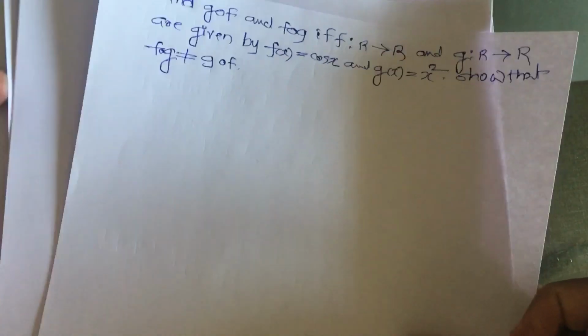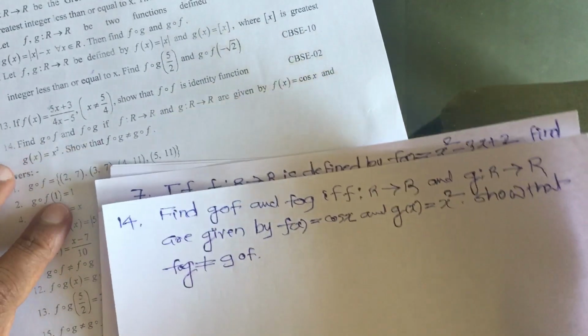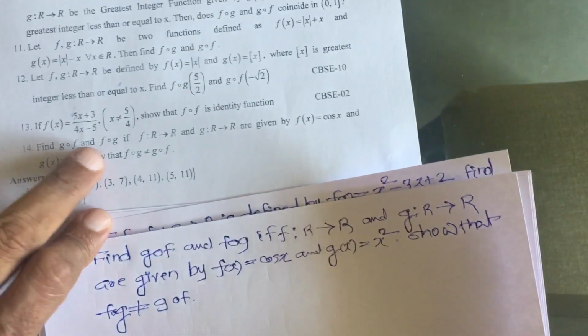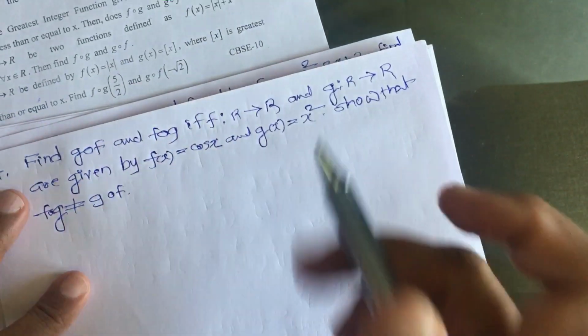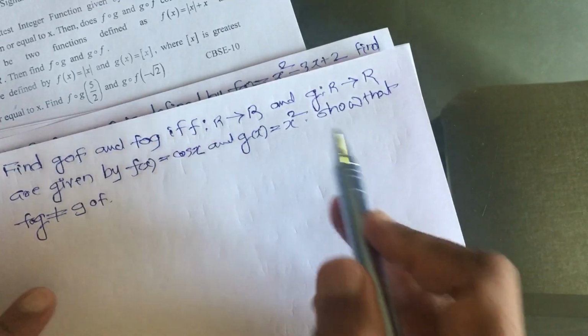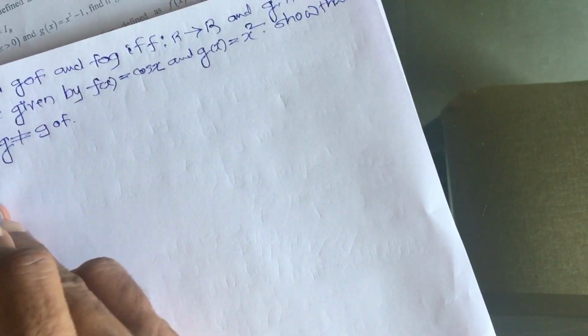After that, next example, this 14th example. Find g composite f and f composite g, if f is a function from R to R and g is a function from R to R given by f of x equal to cos x and g of x equal to x square. Show that f composite g is not equal to g composite f.